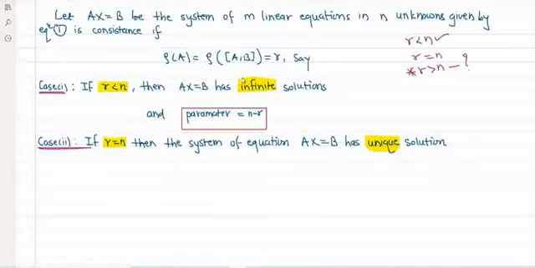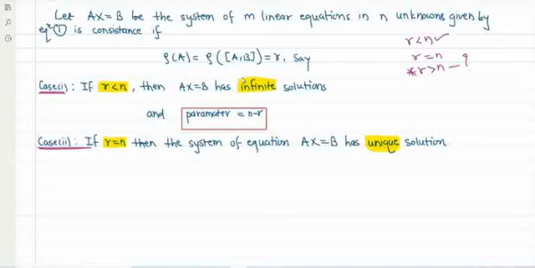After that, write an augmented matrix. From that, you have to find rank of A and rank of the augmented matrix. If rank of A is equal to rank of AB, we can conclude that the given system has a solution. And if a solution exists, then only you have to discuss case 1 or case 2.